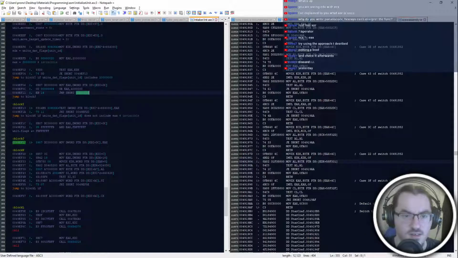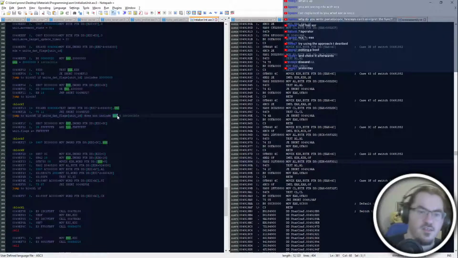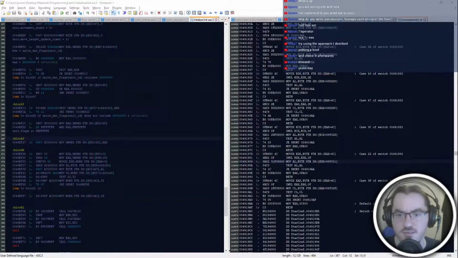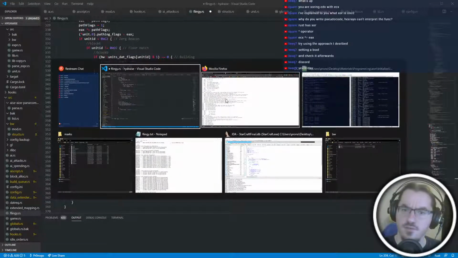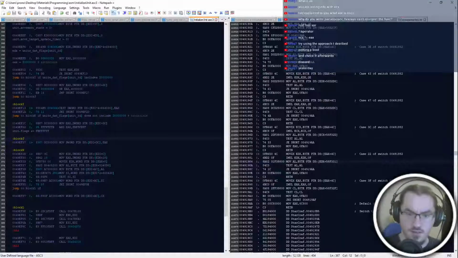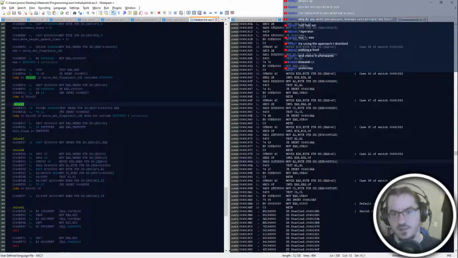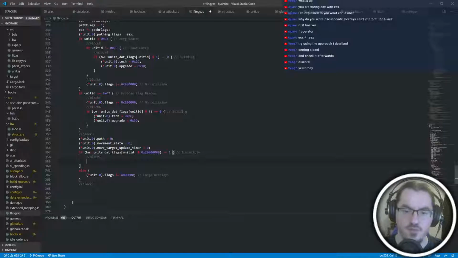So it's always the same thing. Never mind, false alarm. I just didn't fully read it. Okay. So we have block I only executing once, and only if it includes the invincibility flag in the first place. This is not large overlays.